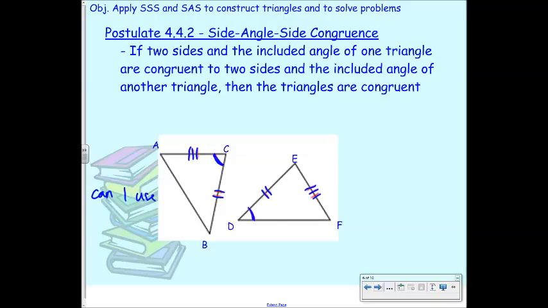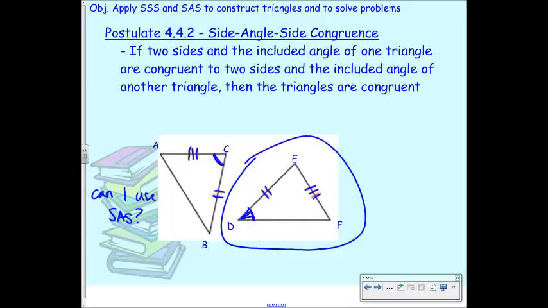And the answer is no. Why not? Because in this triangle, angle D is not the included angle. What is the included angle here? The included angle would be angle E. So it would have to be angle E. So no, you could not use SAS here.